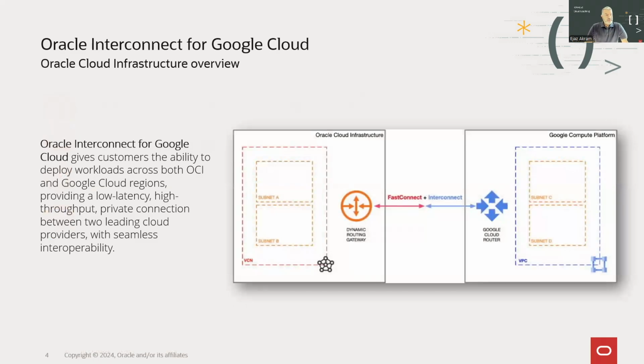In a brief overview of the Oracle Cloud Infrastructure with the Google Cloud Interconnect, I would like to cover a few things here. What we are doing is enabling customers to build their multi-cloud solutions and connect the two clouds seamlessly. For optimal performance, we're ensuring the lowest possible latency between the two clouds while keeping this traffic private and secure.